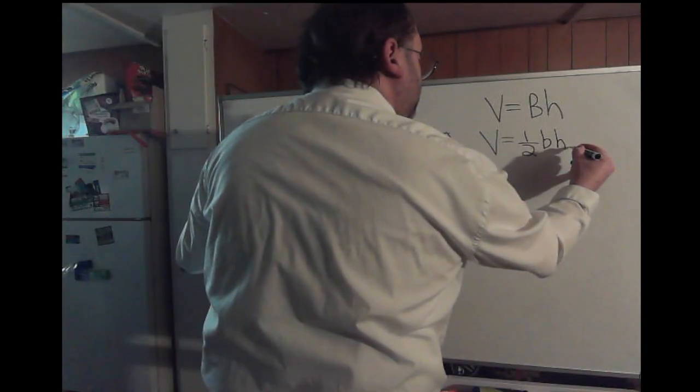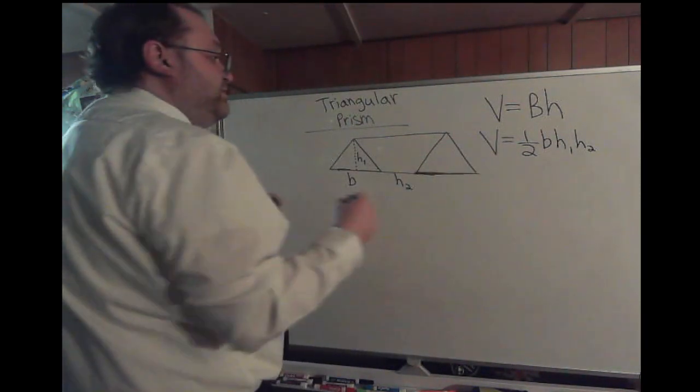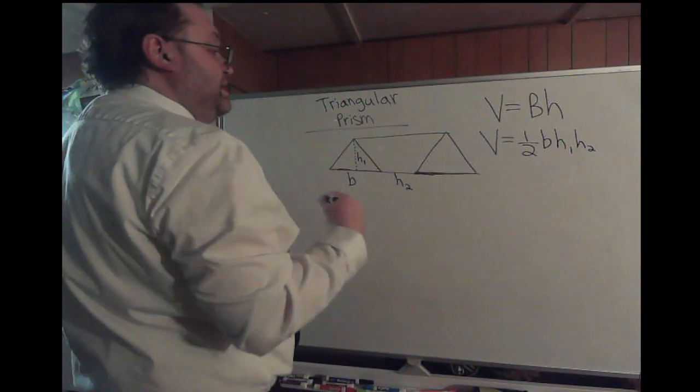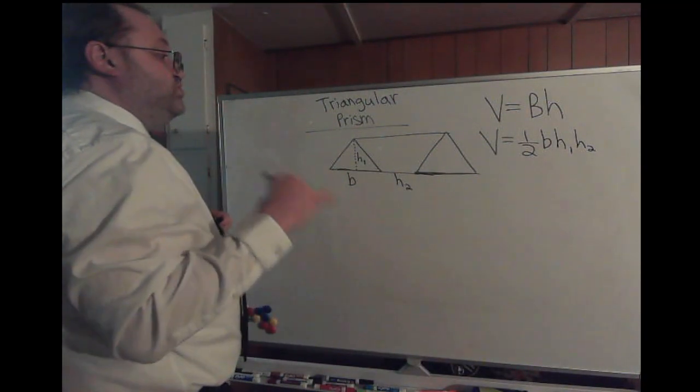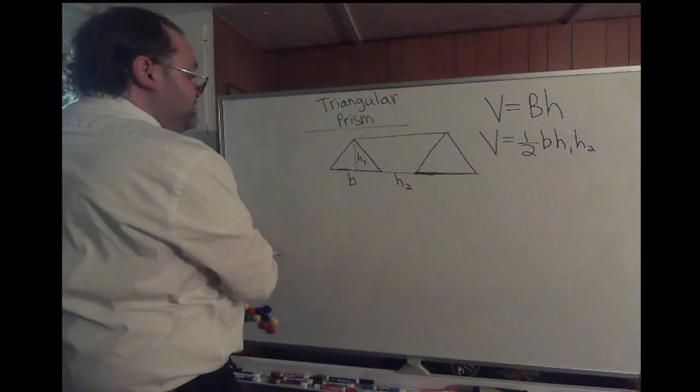So really, the volume is going to be half of the base times the first height times the second height. That would be the volume of a triangular prism. So let's do some examples here.